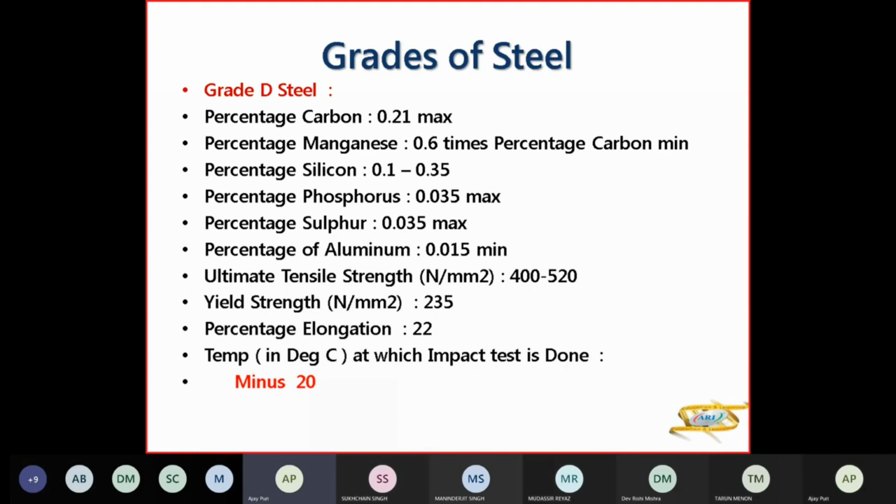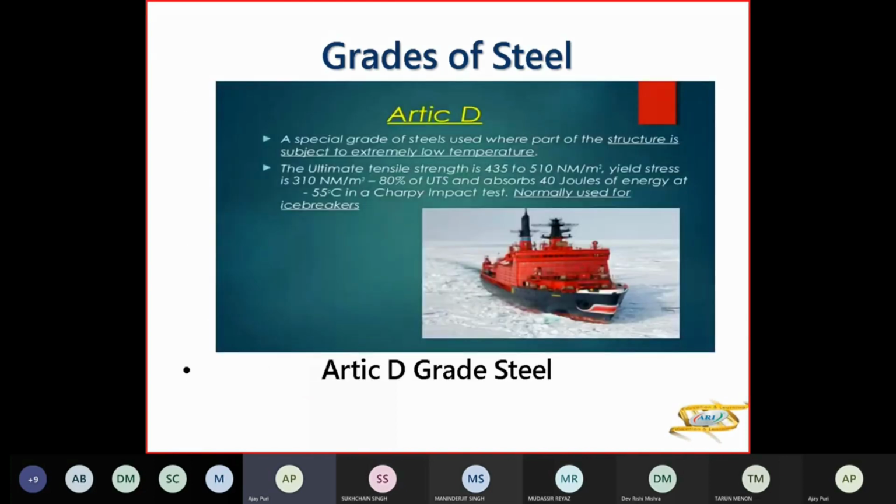Impact test is done at -20. Now this is done at a much lower temperature than B, which is at 0. So this is used in areas subjected to low temperatures, and UTS here is 435 to 510.